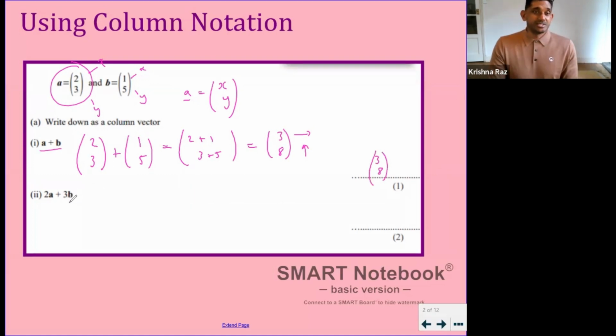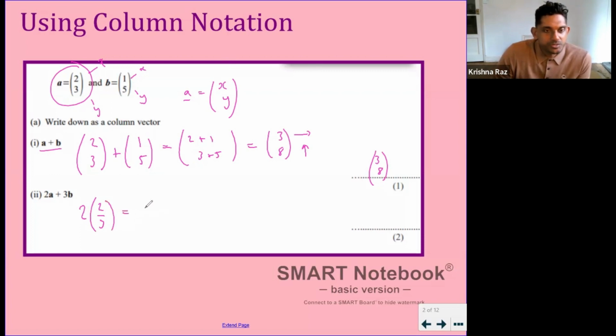Remember, this notation is designed to make life easy for ourselves. If we want 2 lots of (2, 3), we literally just do 2 times 2 and 2 times 3, so it will be (4, 6).